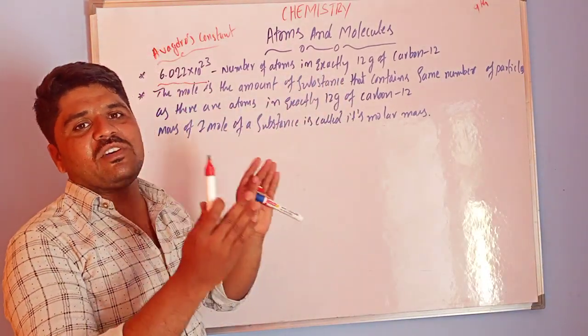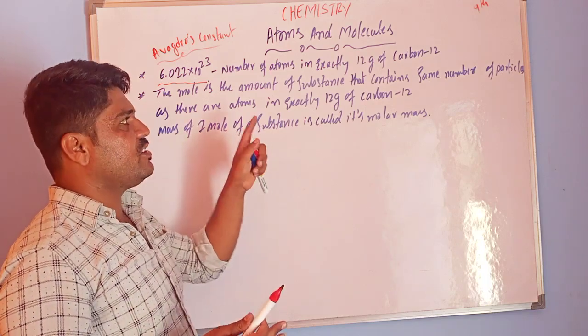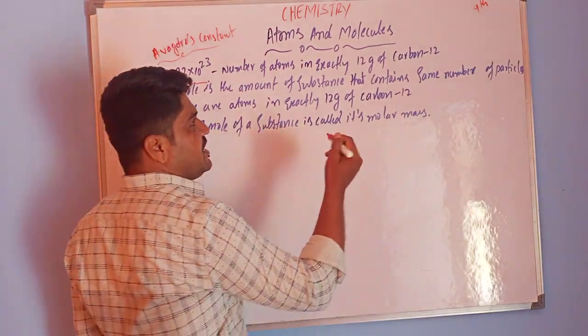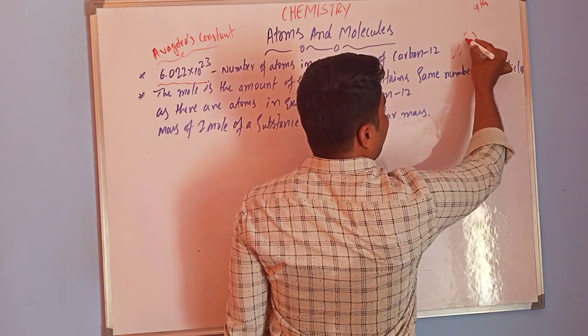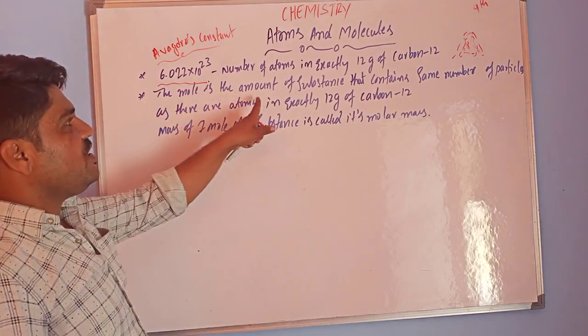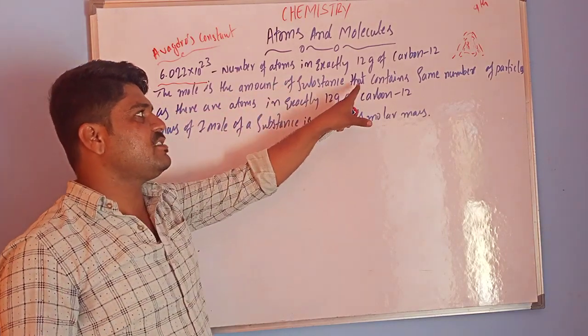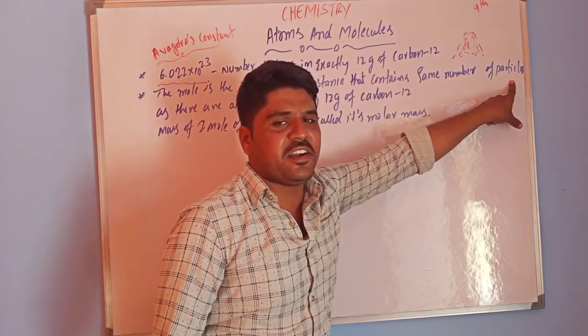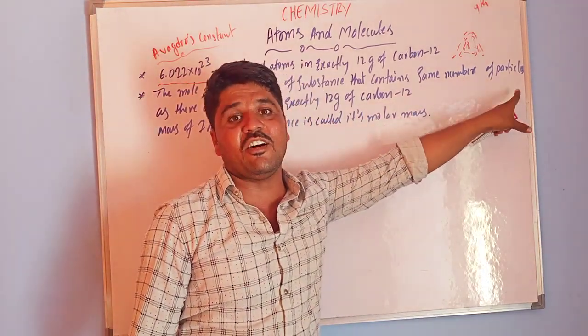I already told you that mole comes from the Latin word meaning a heap of atoms or molecules. The mole is the amount of the substance that contains the same number of particles. How many particles?